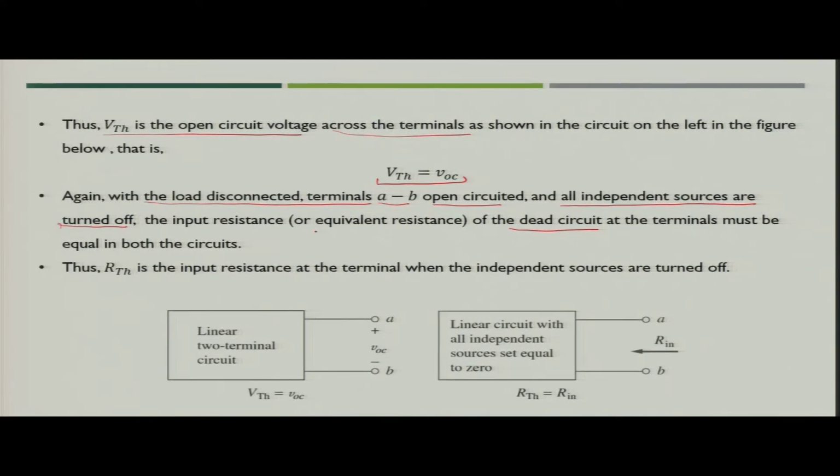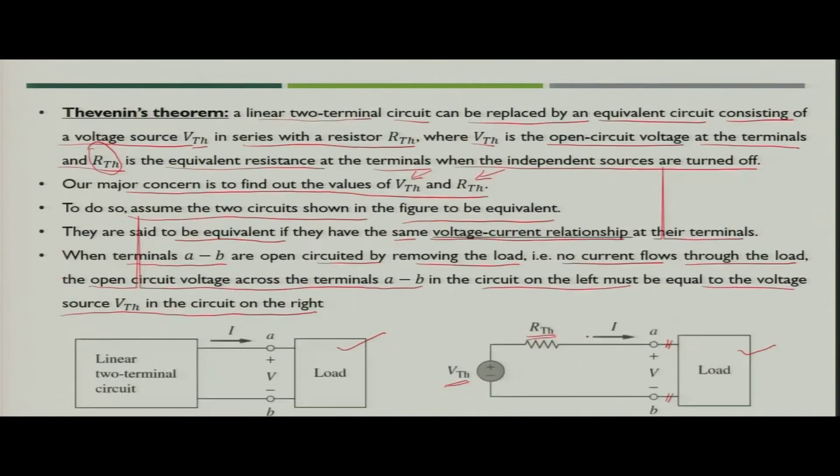Now, the equivalent resistance which you will measure between these two terminals A and B would be equal in both of the cases. Both of the cases means the case 1 where you have the linear two terminal circuit, you will take all the sources off, and you will measure the RTH here.